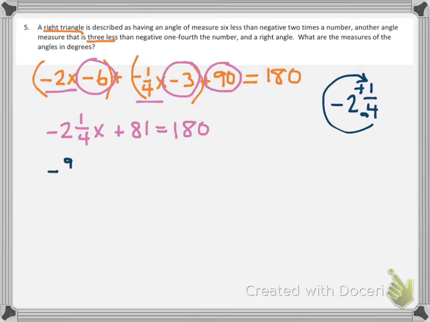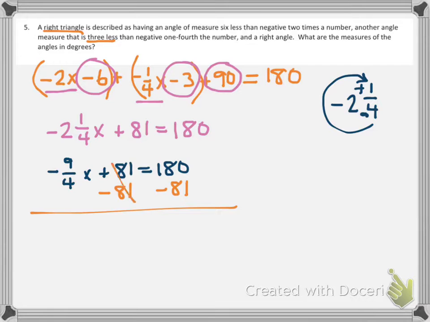So this is a -9/4 x plus 81 equals 180. And now I'll go ahead and start to isolate the variable. So subtract 81 from both sides. That gives me a negative 9/4 x is equal to 99.